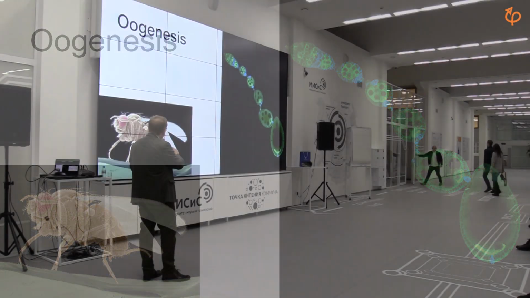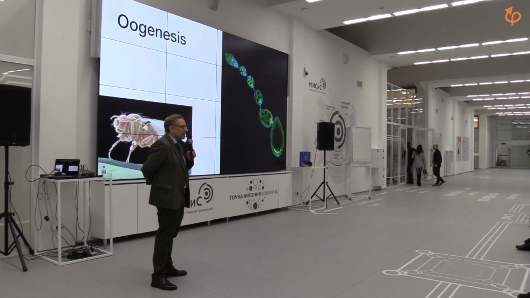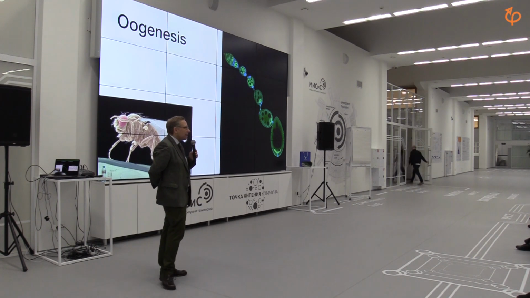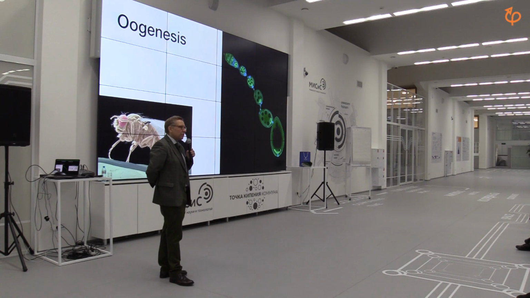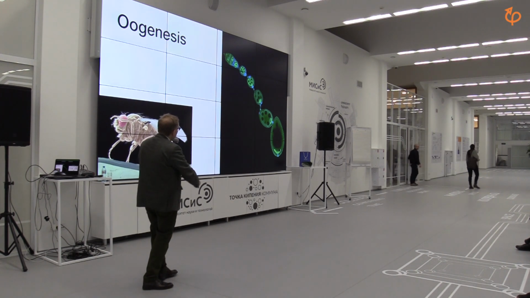Here we have a fruit fly, which is studied extremely well, a model animal, and over 3,000 laboratories in the world work on this animal. Therefore we know a lot about this animal and also how the fly makes the eggs. Here you see how the eggs are made.